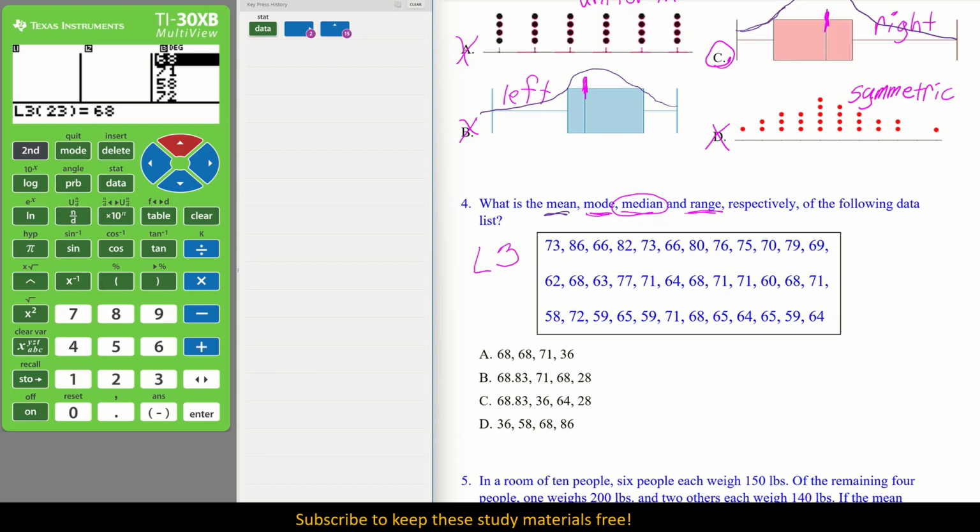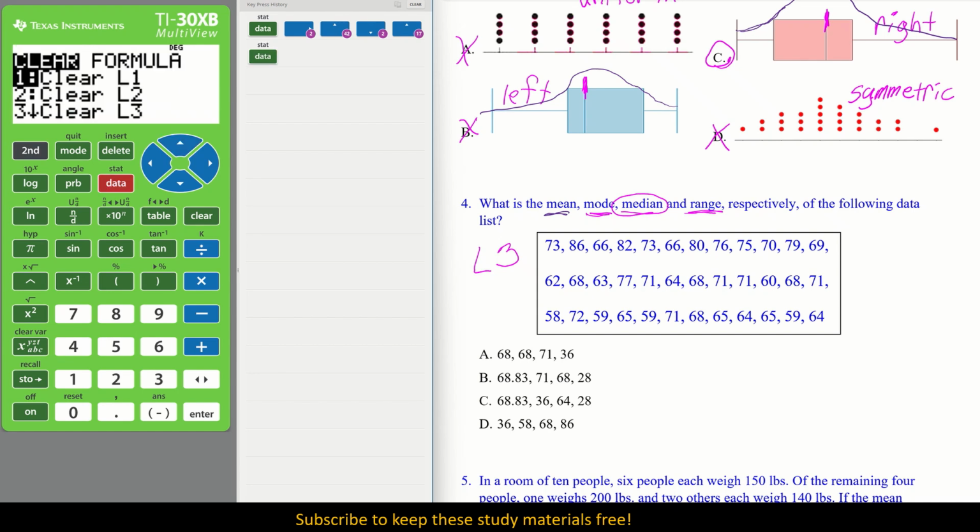So push data, populate it wherever you'd like. See, I'm going all the way up to show you what I've done. And notice, here's one big thing. I am not going to put them in order. Don't even try. Now, if I push data again, I need you to note that I can only clear things out. And there is a way to put in a formula for all that data.